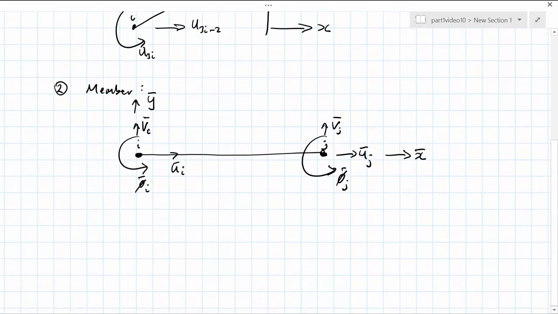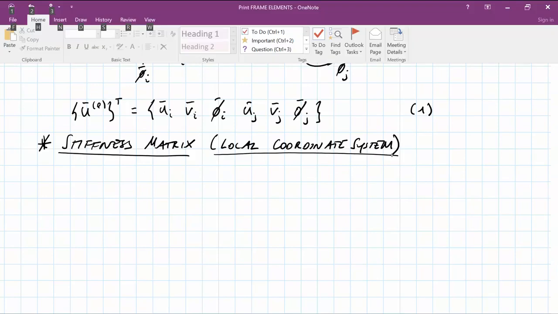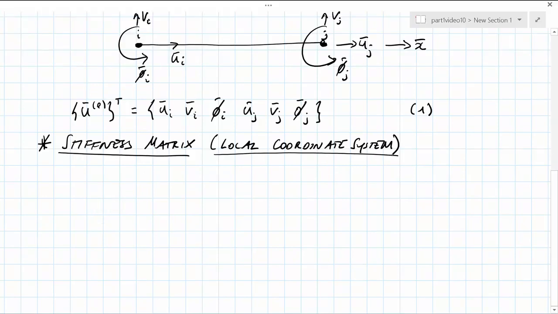The vector of elemental displacements U bar E transpose is then equal to U bar I, V bar I, phi bar I, U bar J, V bar J, and phi bar J. To derive the stiffness matrix, we now need to consider the elemental strain energy.